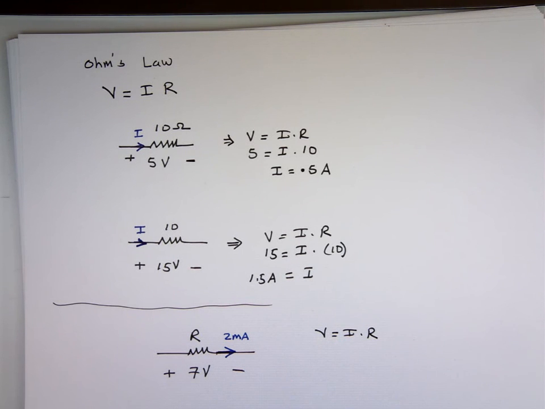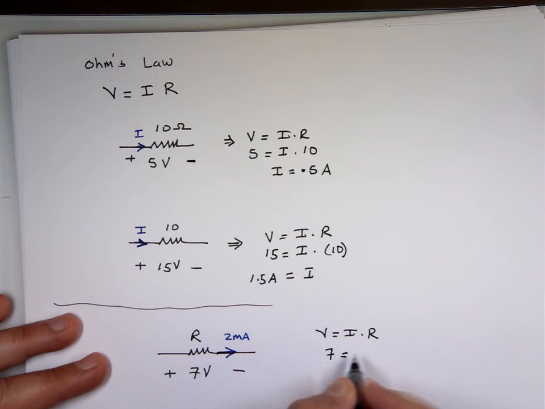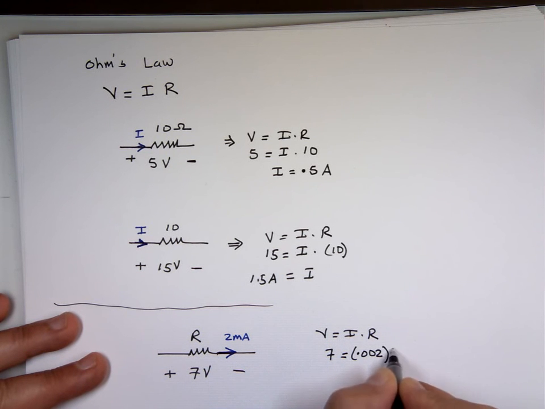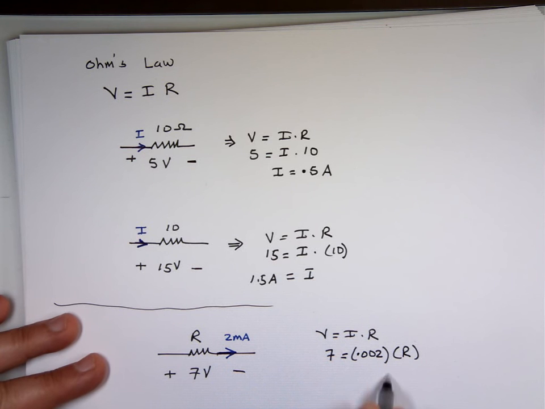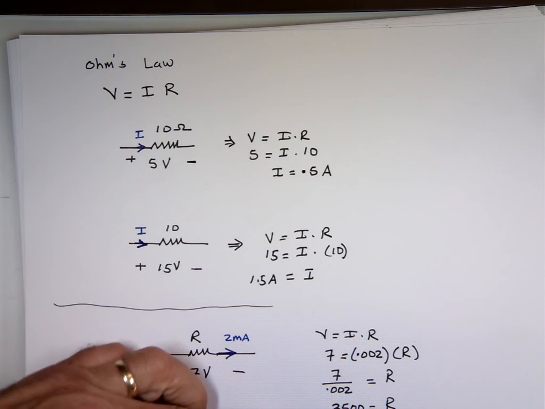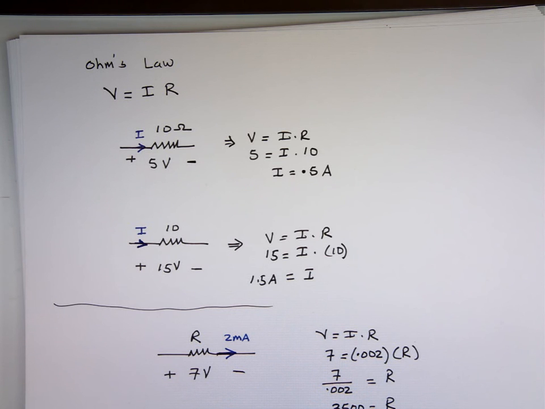V equals I times R. V is 7, I is 2 milliamps, that's 0.002, times R. What is R equal to? Is that 3,500 ohms? Yep, 3,500 ohms.